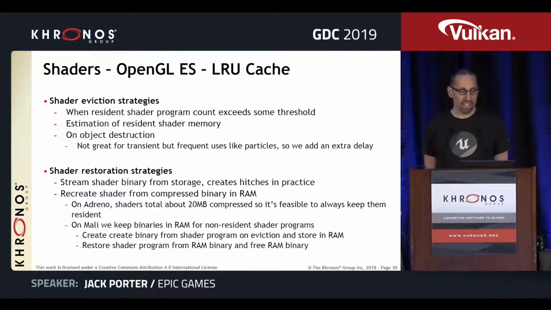On other devices, we can watch for when objects that are using a particular shader are being destroyed, and then, if there are no more objects existing in the world with that particular shader, then obviously we don't need it, so we can destroy it. But unfortunately, that use case doesn't work for something like particles, where you're in a firefight, you set off an explosion, you want the explosion to happen immediately, and that's the time you certainly don't want to hitch.